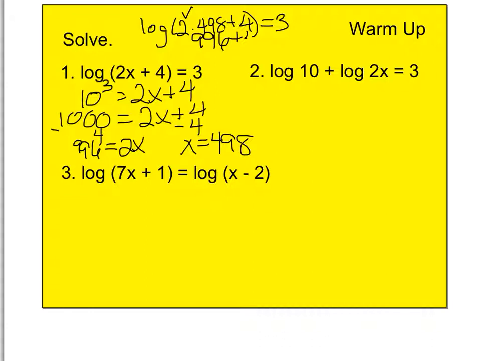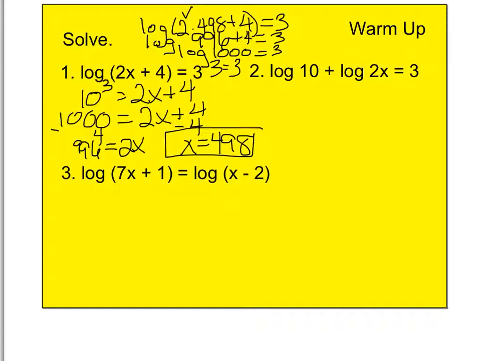Add 4 to that. So we're looking at log of 1,000. Now keep in mind that's a base 10, so you can just type that into your calculator. So when you typed in your log 1,000, you should have gotten 3. So 3 equals 3, which means this is an actual answer.